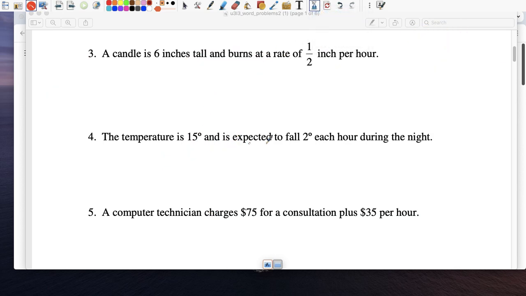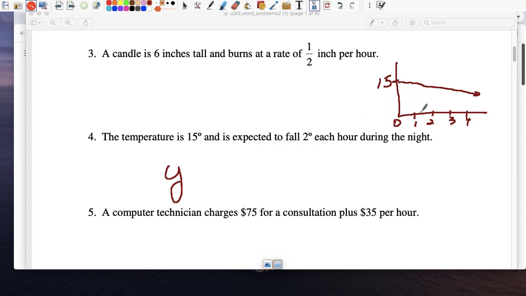The temperature is 15 and expected to fall 2 degrees each hour during the night. So again, right now the temperature is 15, and it's going to be decreasing throughout the evening. It's 15 degrees right now.